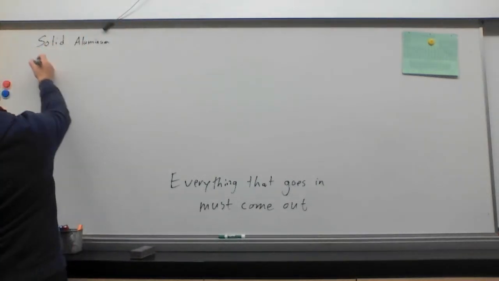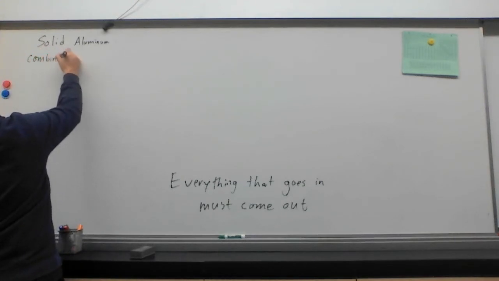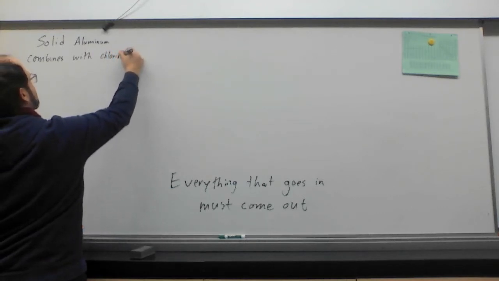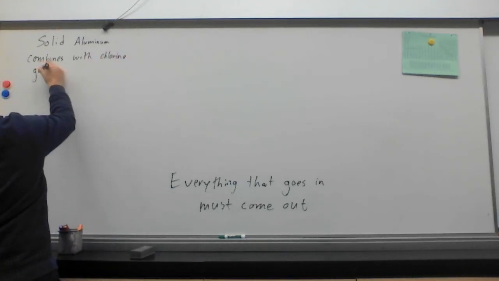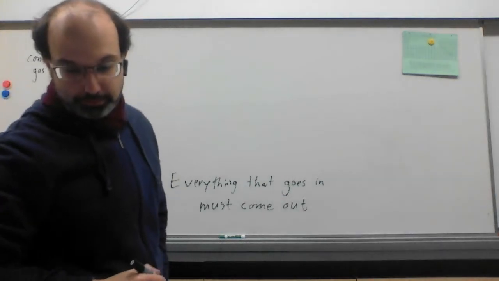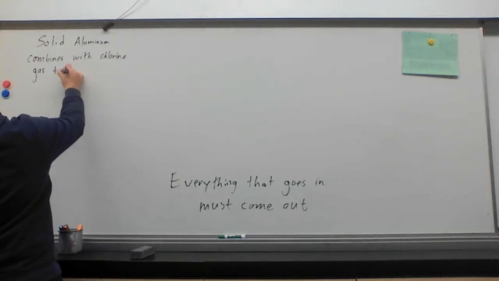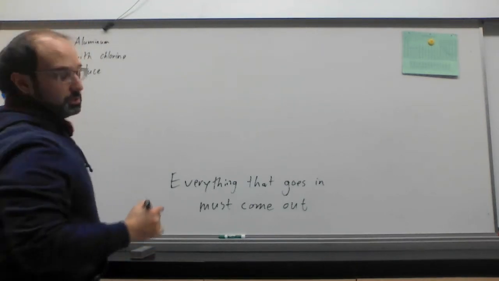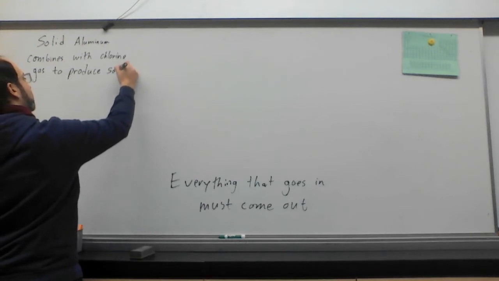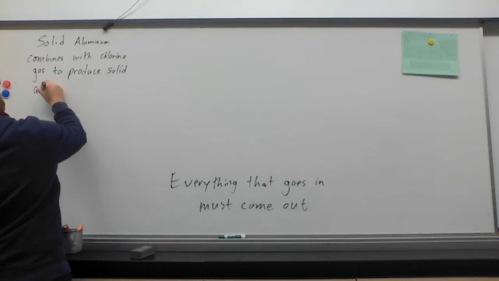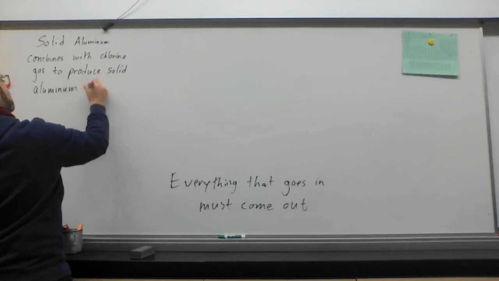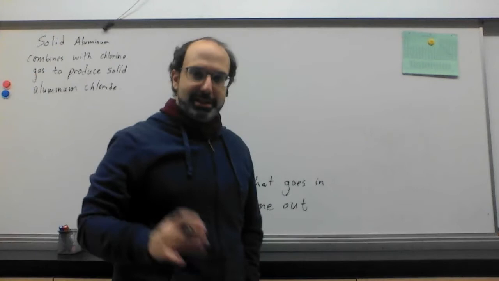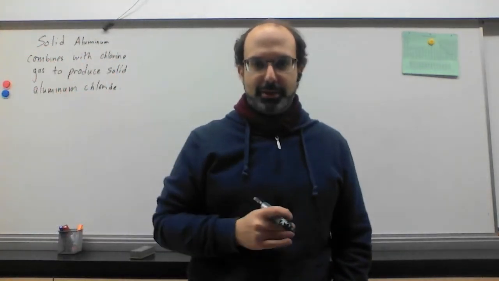Aluminum combines with chlorine to produce solid aluminum chloride. So this is a sentence to describe chemistry.